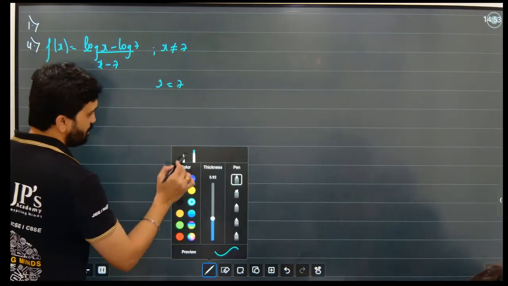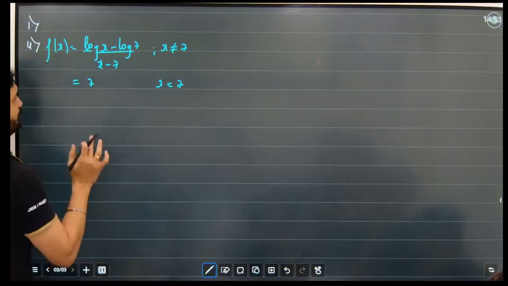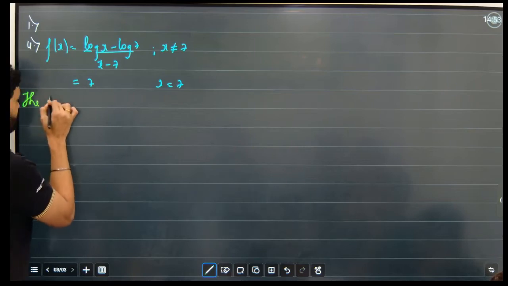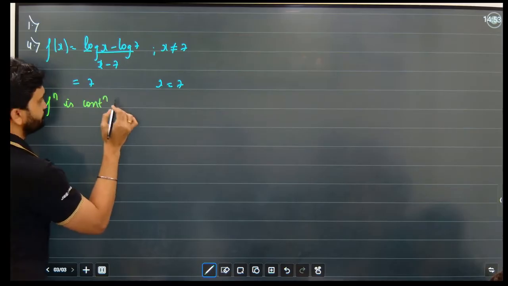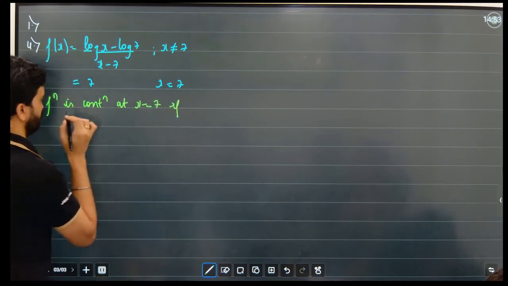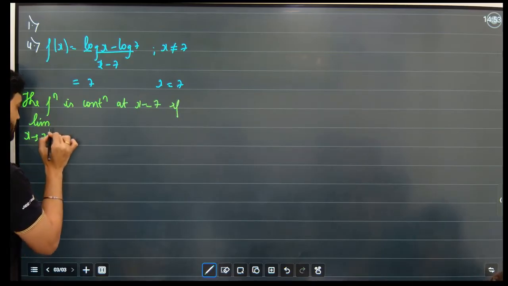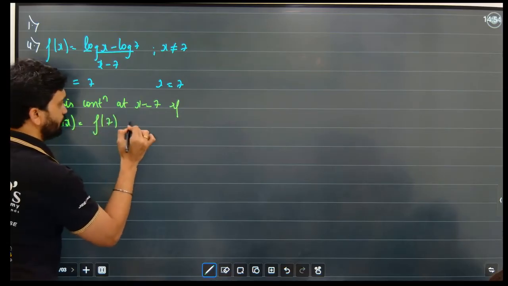Now guys, a very important sum. First I'll write the statements. The function is continuous at x is equal to 7 if limit x tends to 7 f of x is equal to f of 7.